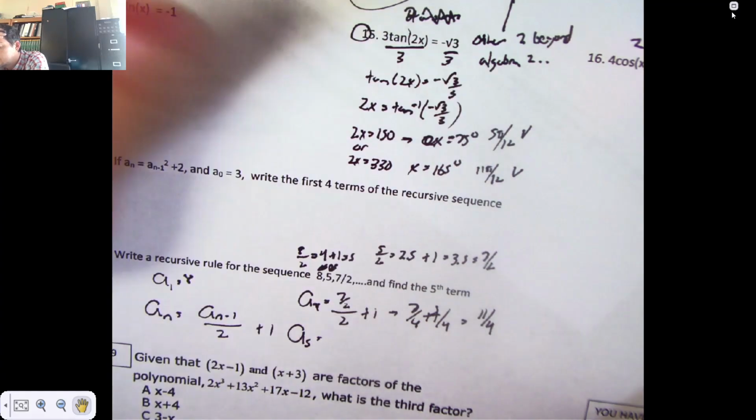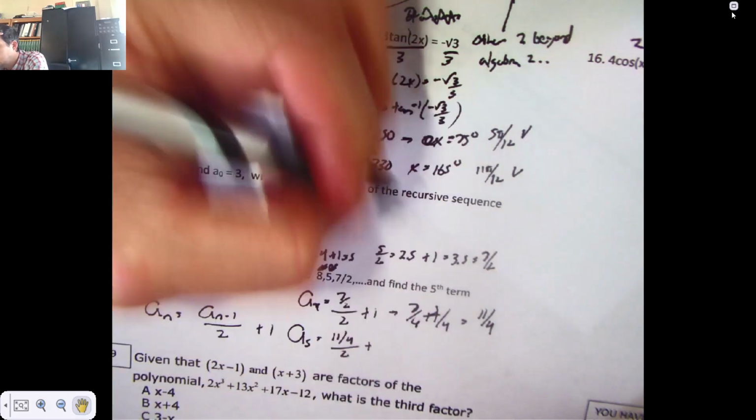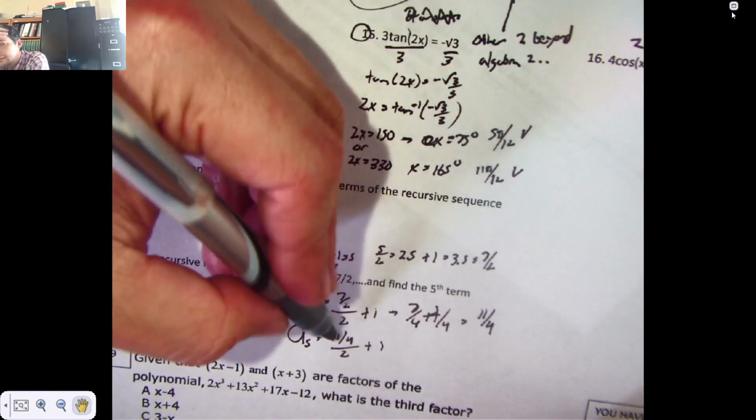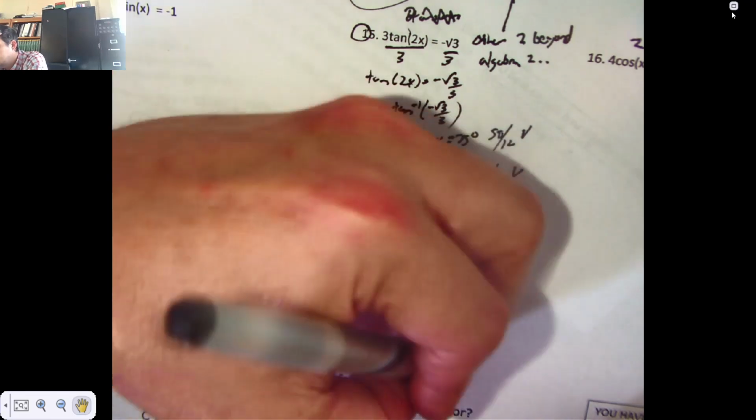I know a lot of you guys will. Whatever, you're just robbing yourself. The next one is 11 quarters, cut in half, add 1. If you take 11 quarters and cut it in half, you have 11 eighths. And you add to that 8 eighths, which is 19 eighths. There's the fifth term.